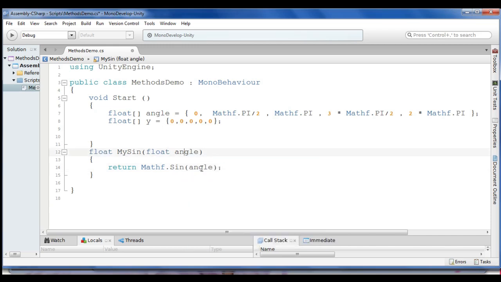It takes the angle, gives it to the mathematical function sine, and it will return back the value between -1 to 1 based on the angle which we have to apply to y.